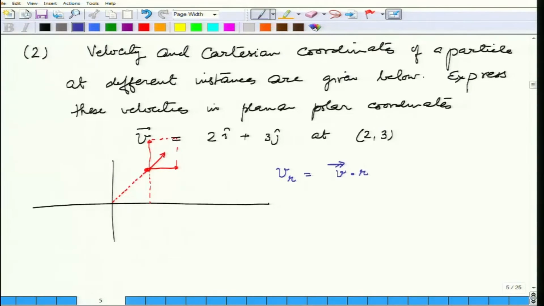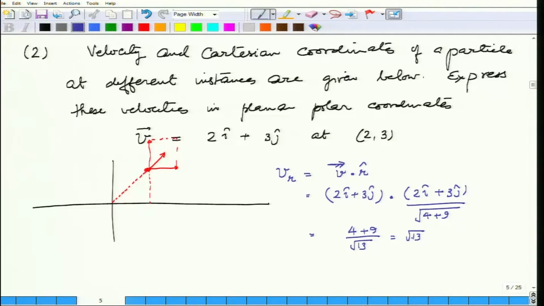Radial component is going to be v vector dot r unit vector, which is 2i plus 3j, this is the velocity given, dot r unit vector. Since the particle is at 2, 3, it is going to be 2i plus 3j divided by r, which is the square root of 4 plus 9. So, this is going to be 4 plus 9 over root 13, which is root 13. So, Vr is root 13. How about V phi, the tangential component of the velocity?